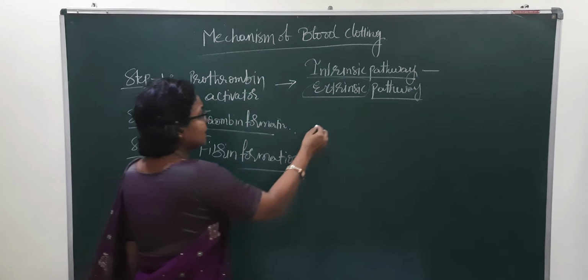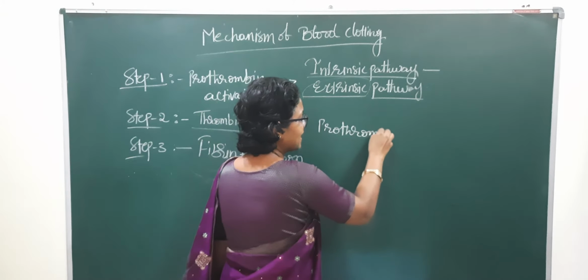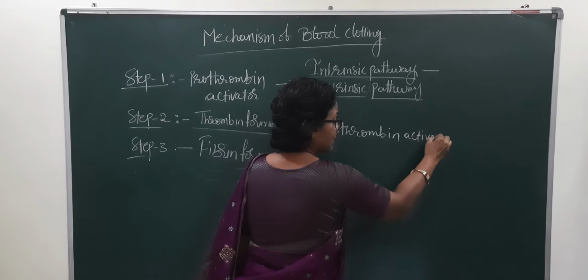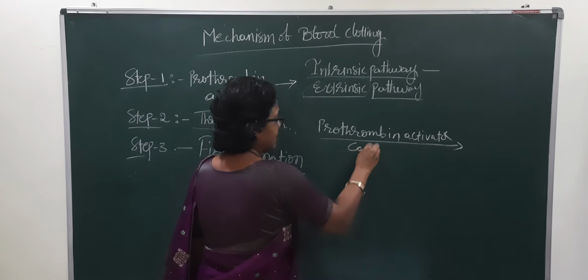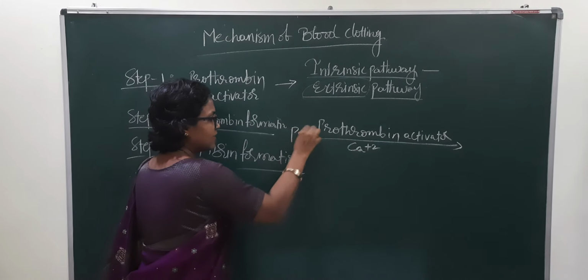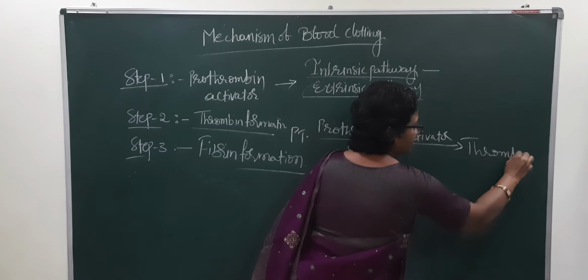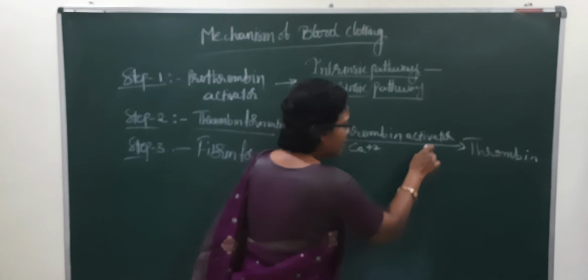In the presence of this prothrombin activator, and in the presence of calcium ions, with the availability of calcium ions, prothrombin is converted into thrombin. So now the thrombin is formed in step 2.